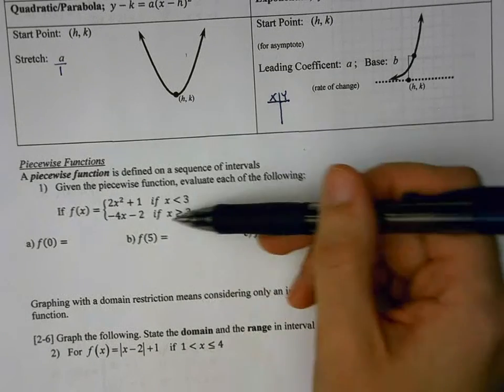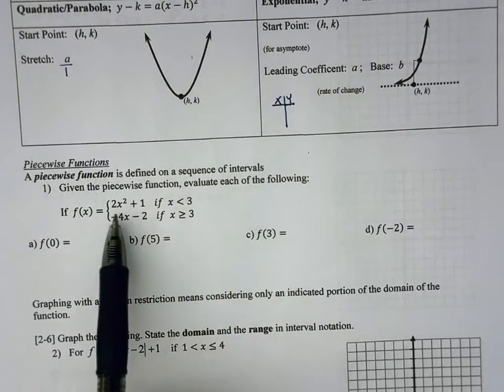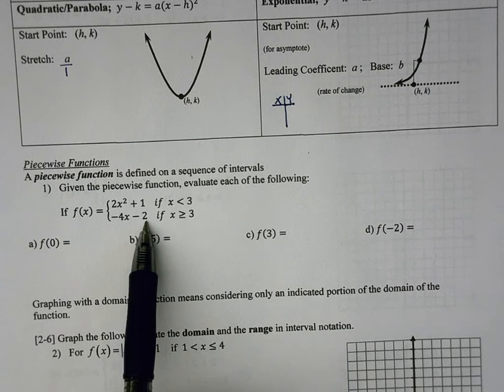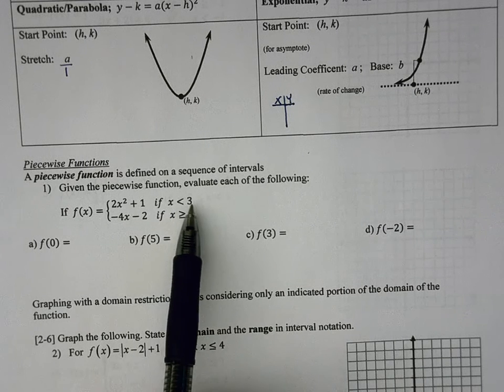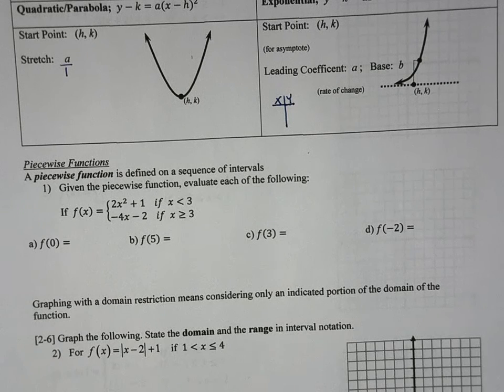If you look at this piecewise function here, you notice we have a quadratic and a linear. And the quadratic exists as long as your x is less than 3. If your x is not less than 3, then that quadratic does not exist for this particular piecewise function.